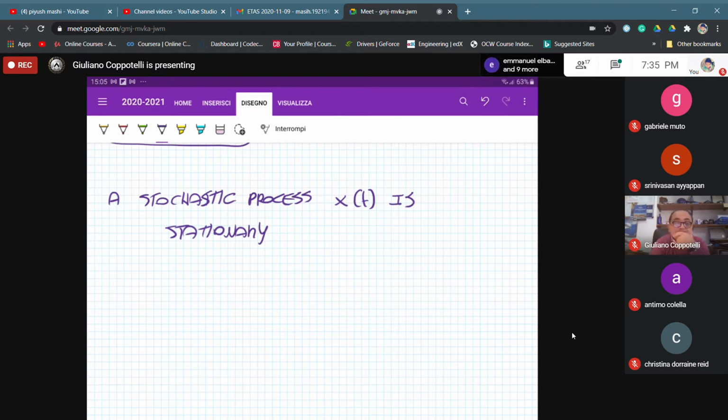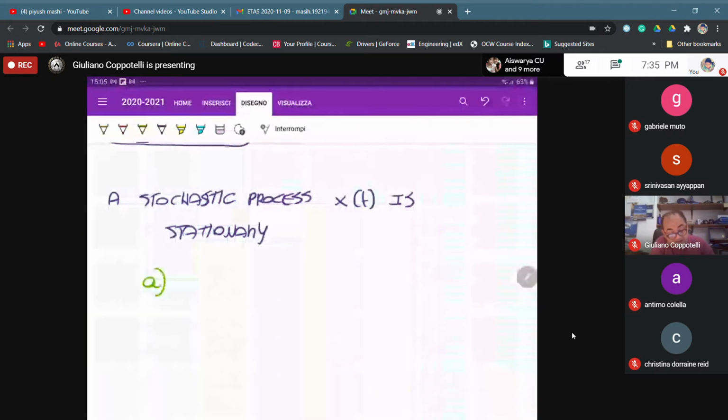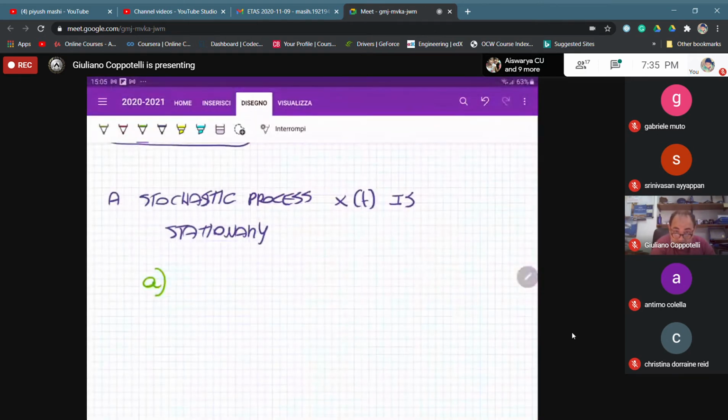Do you have a clue? When the probability function doesn't change over time? Yes, that's the first part. That's good. That's the most important part, if you want. So let me write that. The first property is that there is no time dependency, or better, there is no dependency on the parameter t. We are referring to that as time, but that is not always so.